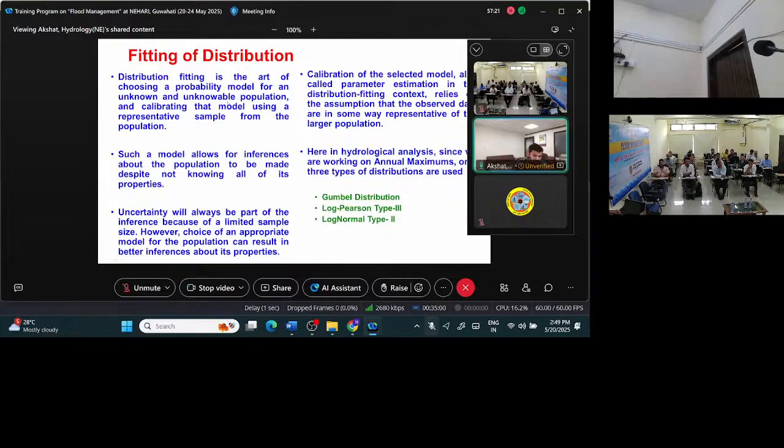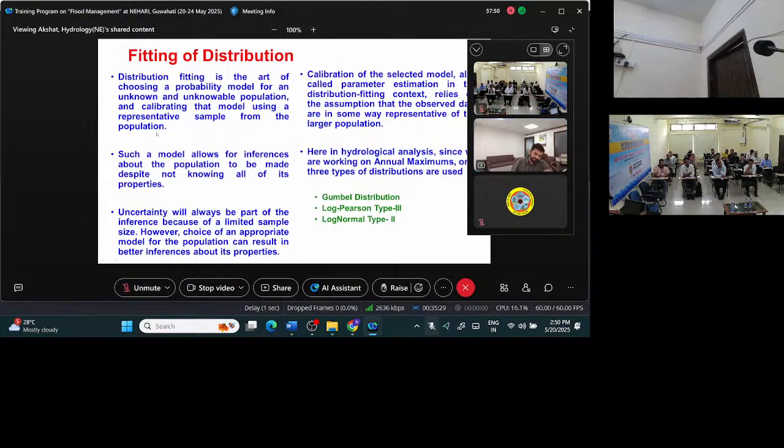So we use that sample to choose the probability model for the whole population, and we calibrate that model from the representative sample of this population, the sample of 24 years of data. Such a model allows inferences about the population to be made despite not knowing all of its properties.